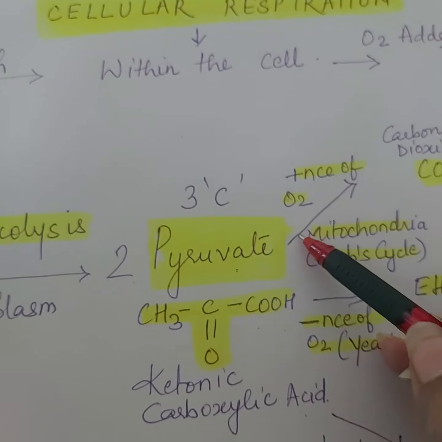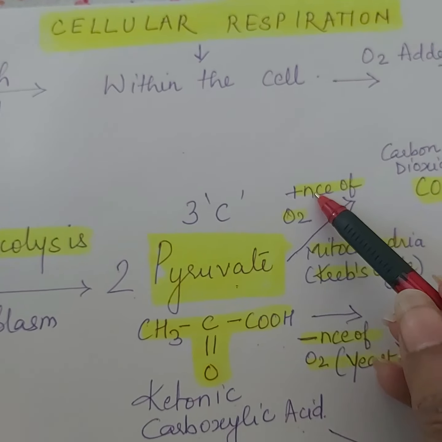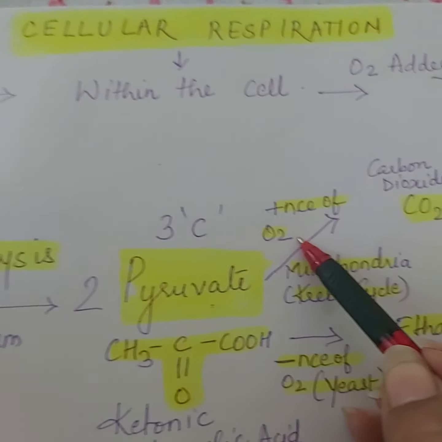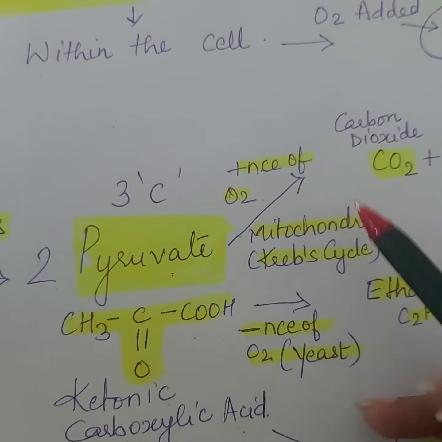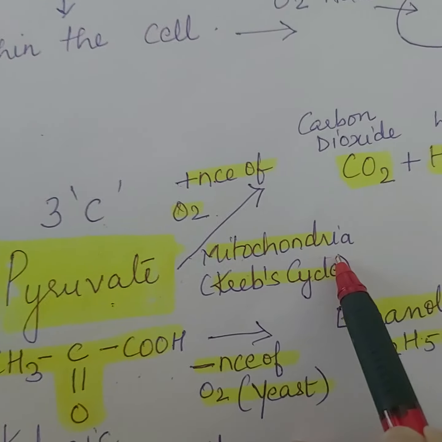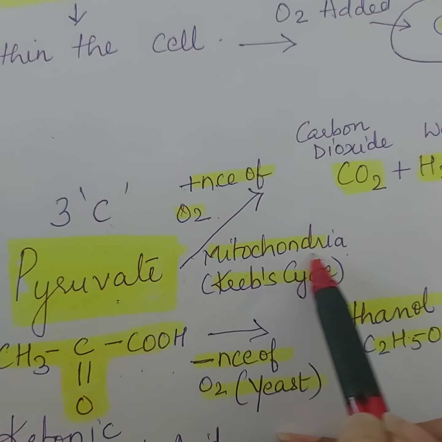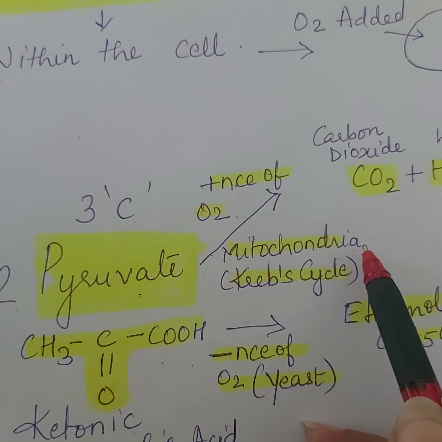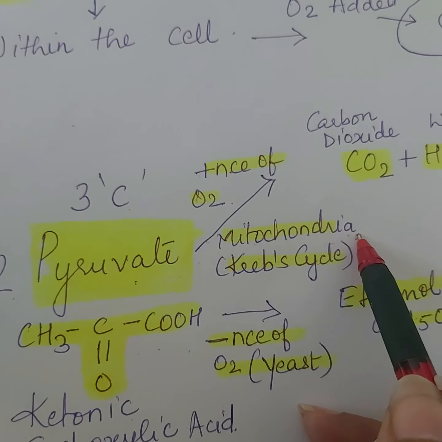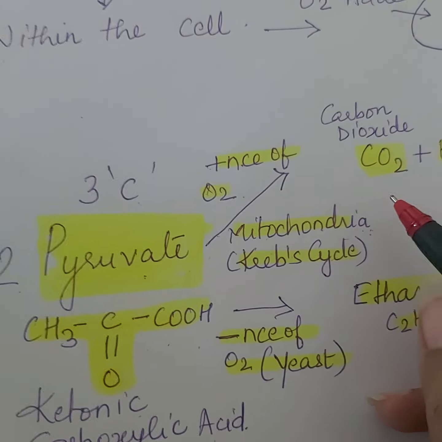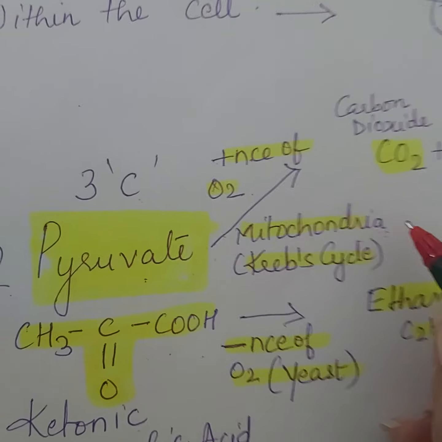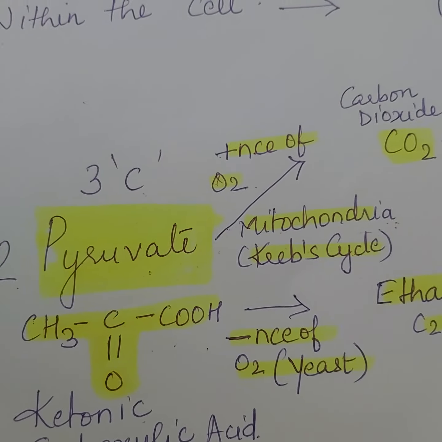Now, this pyruvic acid in presence of oxygen in aerobic conditions will be completely broken down in the mitochondria, the powerhouse of the cell, which is the organelle that leads to ATP synthesis. You have already learnt this before in grade 9 in the chapter Fundamental Unit of Life.